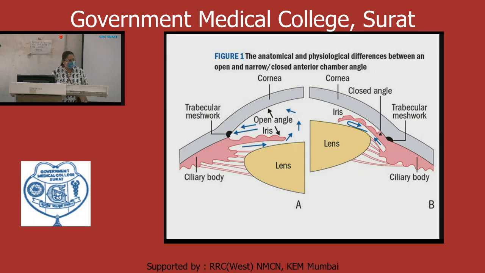So there is very little gap between the iris and lens, and the edge of the pupil comes very close to the lens. So there may be a chance of angle closure glaucoma.